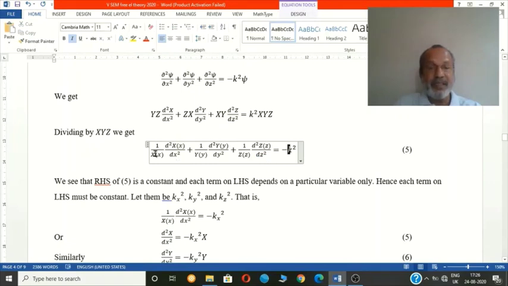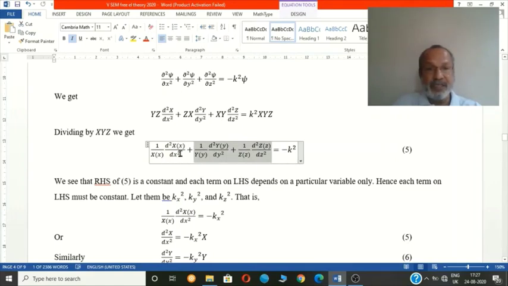So that means each of the first term, second term, and third term must be separately a constant. Suppose when you change x, this function changes. Then there is nothing to balance that change here so that this equation is satisfied.